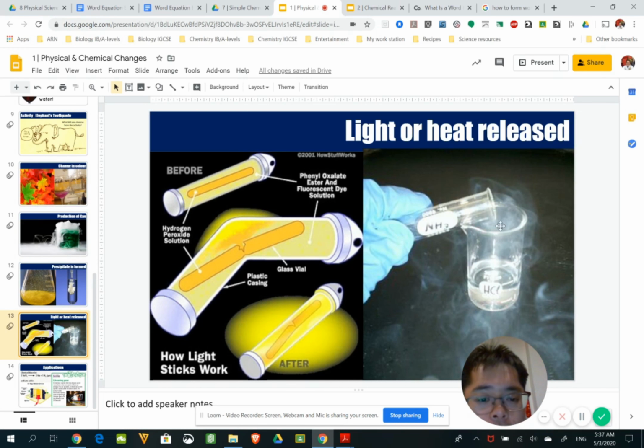Now you notice over here, all the smoke is what we call effervescence. We'll talk about this in class if you're not sure of the new terms. Effervescence is spelled E-F-F-E-R-V-E-S-C-E-N-C-E.